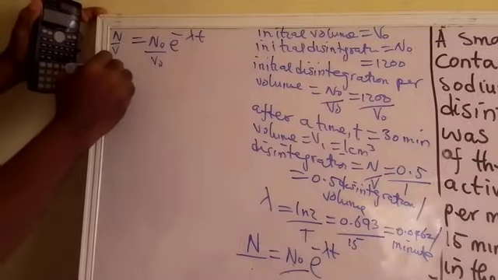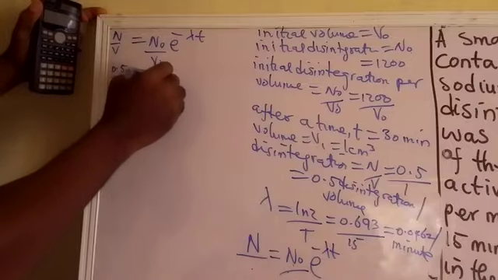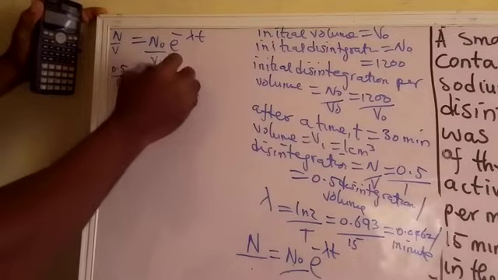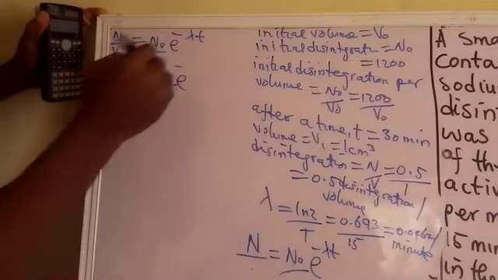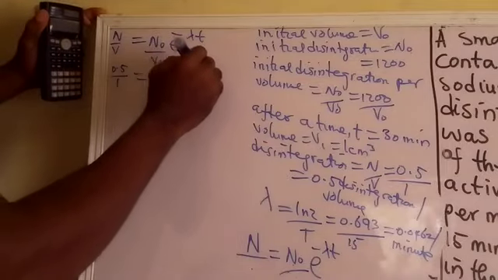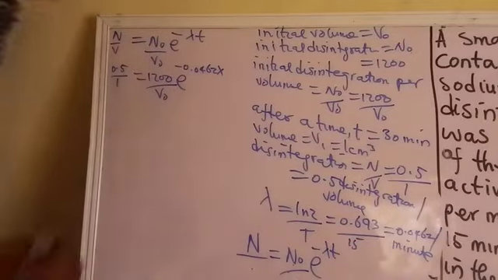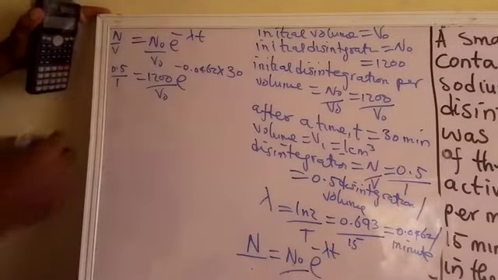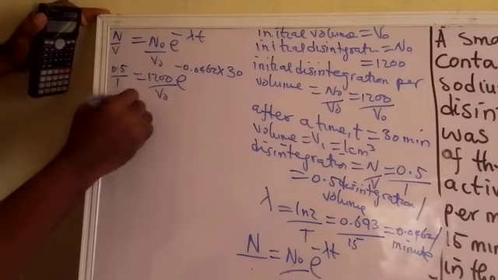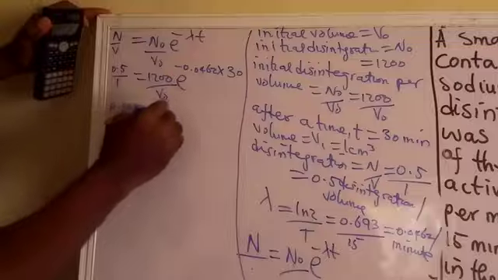Of course, this is 0.5, we've written that before, over 1 equal to 1200 over V naught exponential minus, our decay constant is 0.0462 multiplied by time of disintegration, small t, not capital T, of course, is 30. Okay? So here you have 0.5 equal to 1200 over V naught.